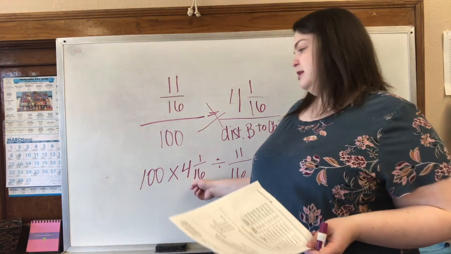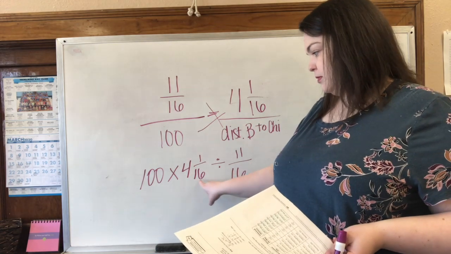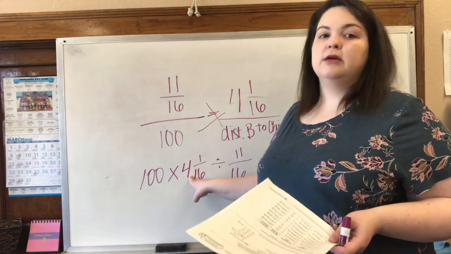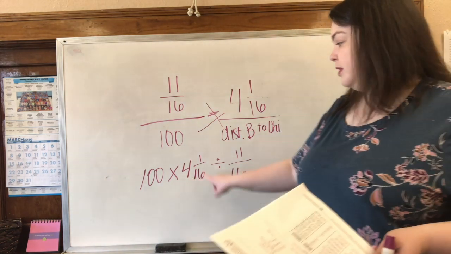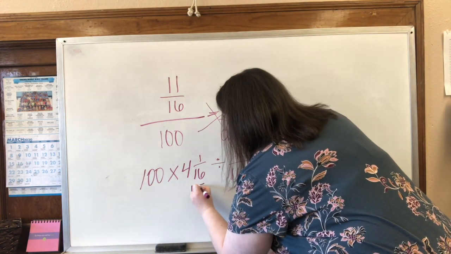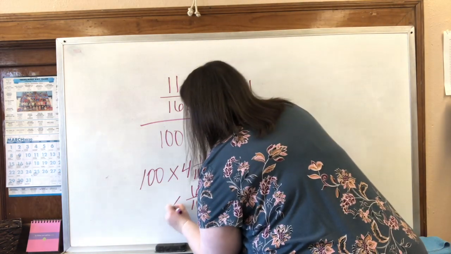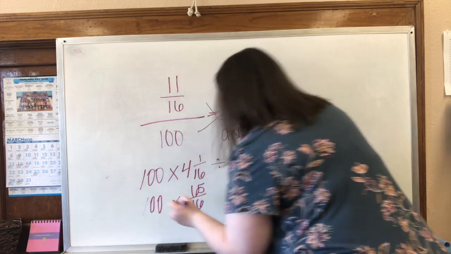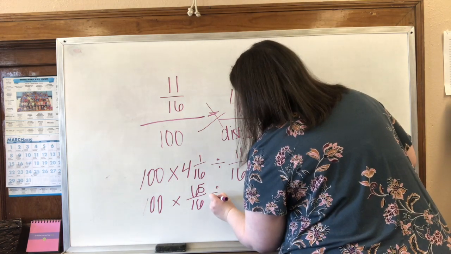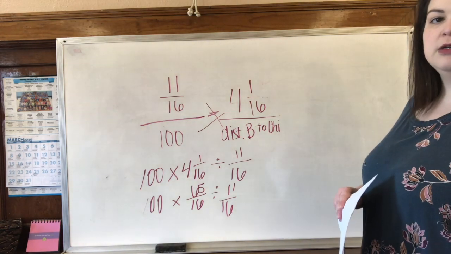You need to turn this into a improper fraction. So take the denominator of 16 times 4. Use your calculator. That's 64 plus 1, which gets you 65 over 16. Still times 100 divided by 11/16. Okay? Hold on for a second.